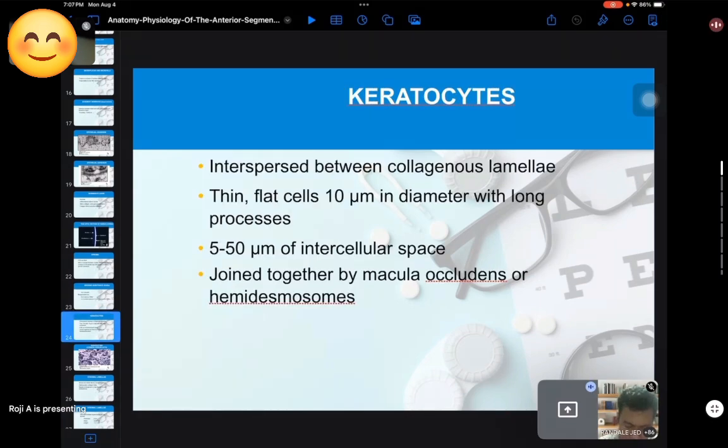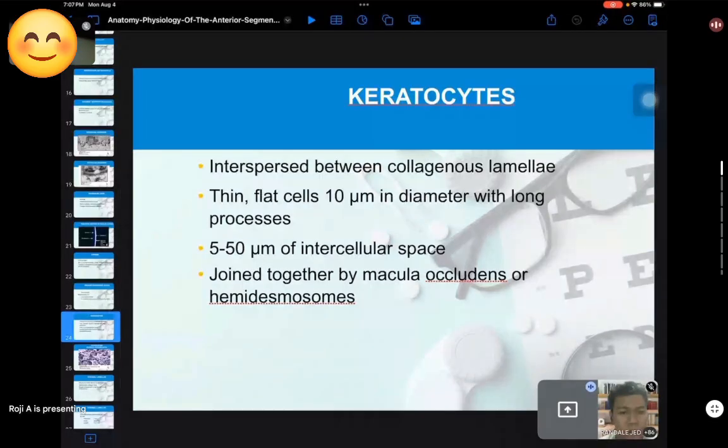Now the keratocytes are interspersed between collagenous lamellae. They are thin, flat cells, about 10 micron in diameter, with 5 to 50 micron of intercellular space, joined together by macula occludens or hemidesmosomes. That is your keratocytes.